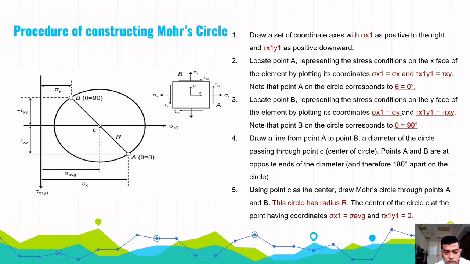Next, we have to draw a line from point A to point B, a diameter of the circle passing through C. Points A and B are at the opposite ends of the diameter and therefore 180 degrees apart on the circle.